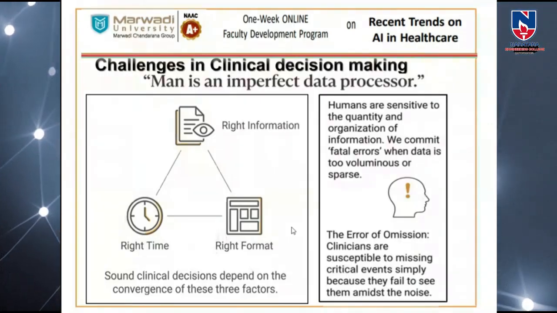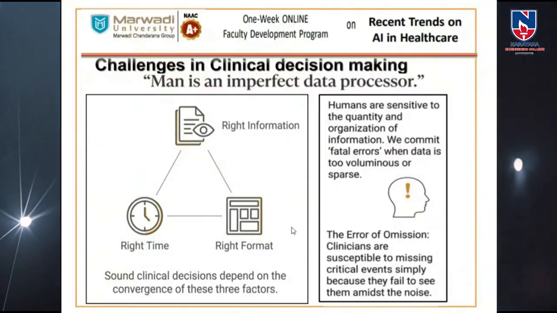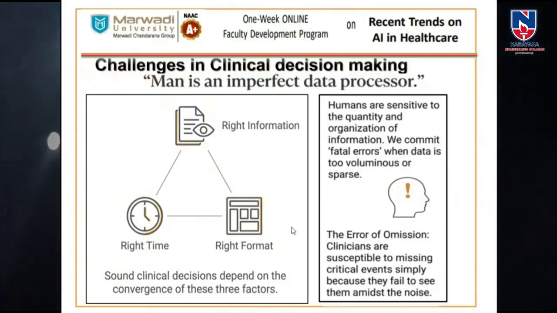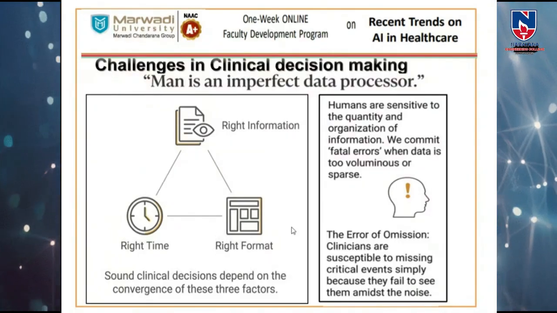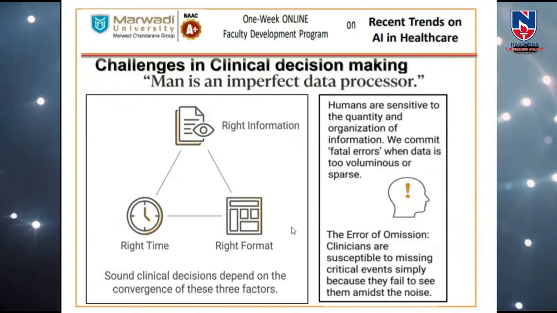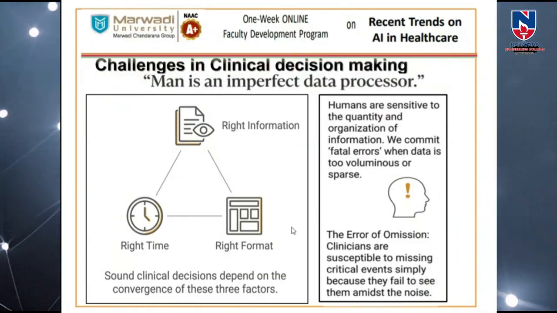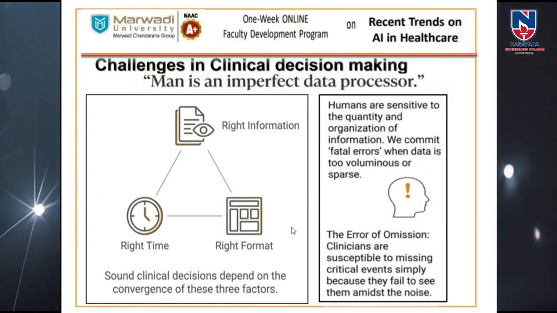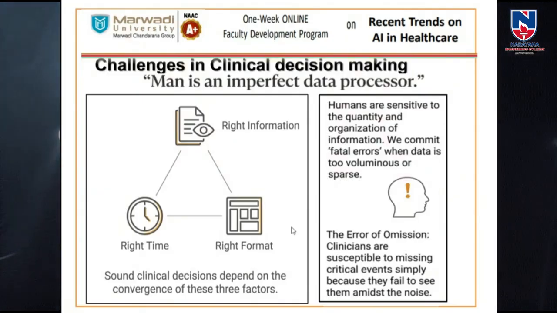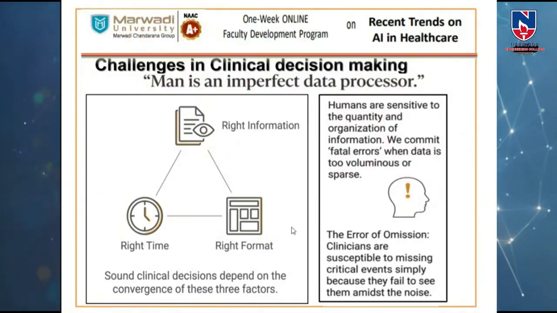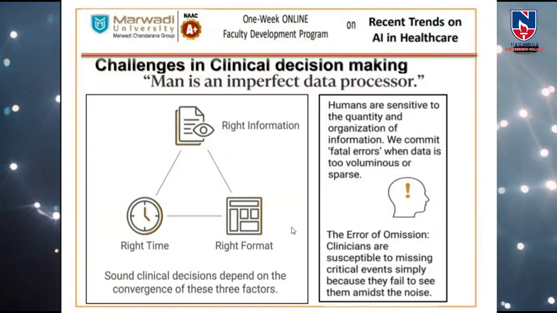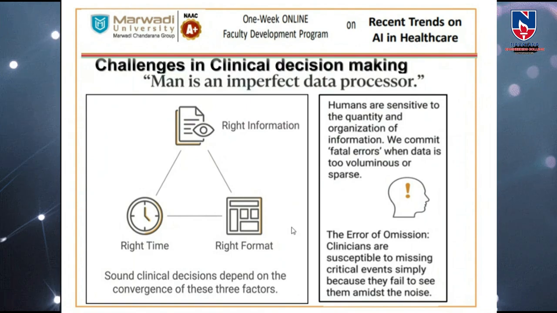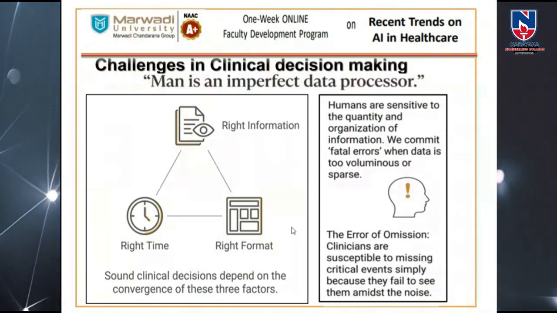The imperfect clinical decision will cost lives. That's why you need to pay much attention when applying any technology, especially in healthcare. That's a very, very important point while applying any technology or algorithms. You need to pay much attention because it's a cost of life.